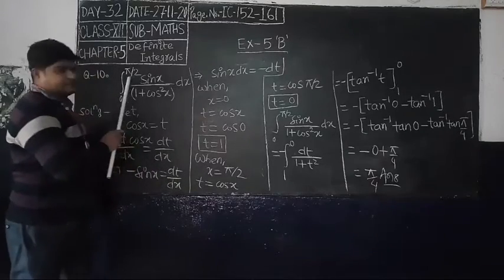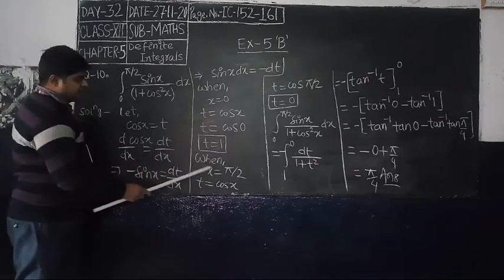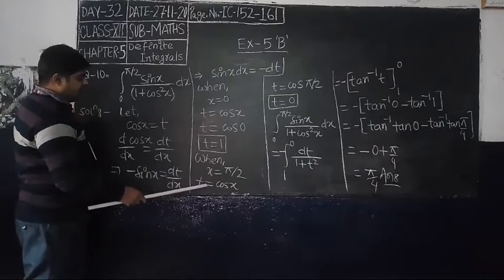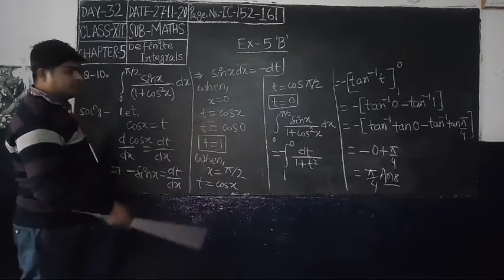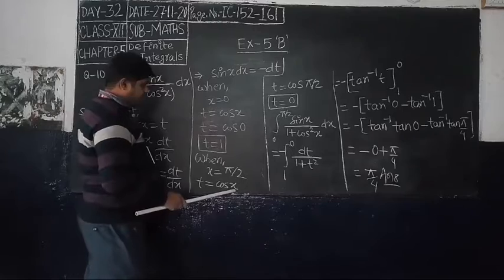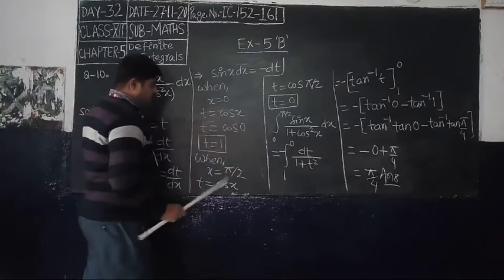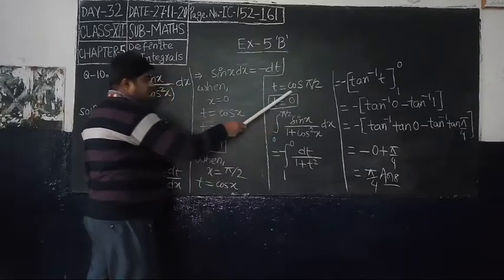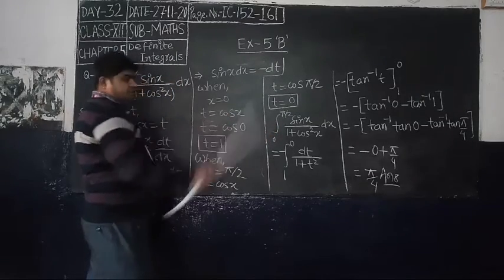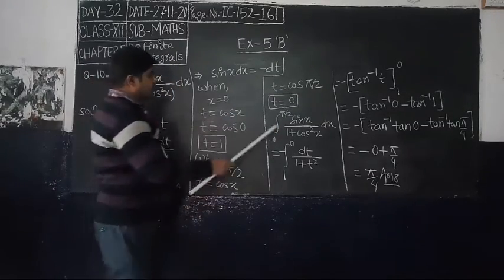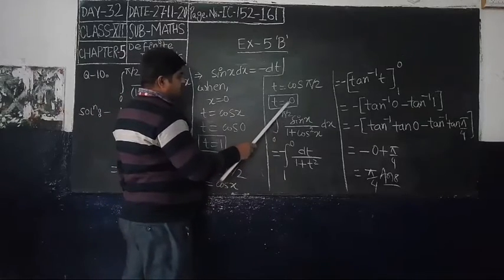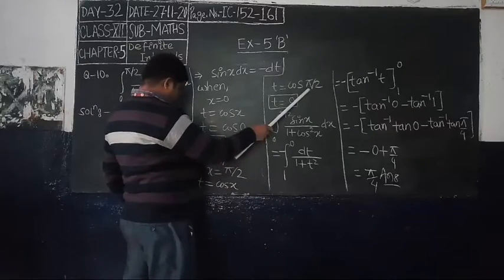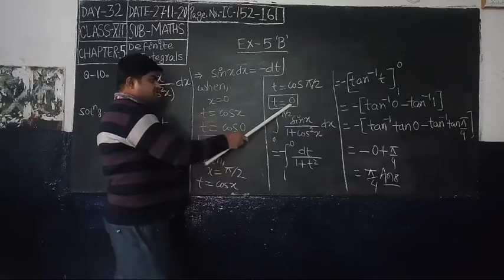And when x is equal to pi by 2, then t is equal to cos x, put the value of x is equal to pi by 2, then t is equal to cos pi by 2, and you know cos pi by 2, that means cos 90 degree, is equal to 0.